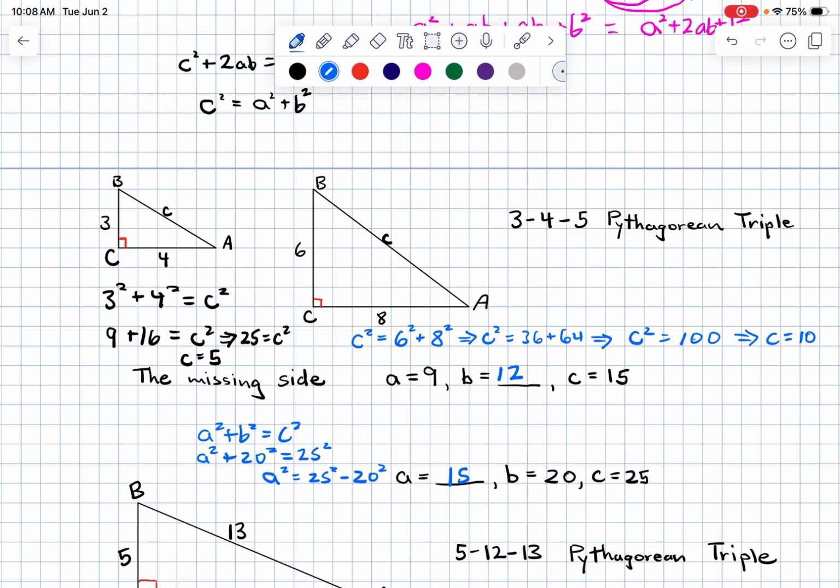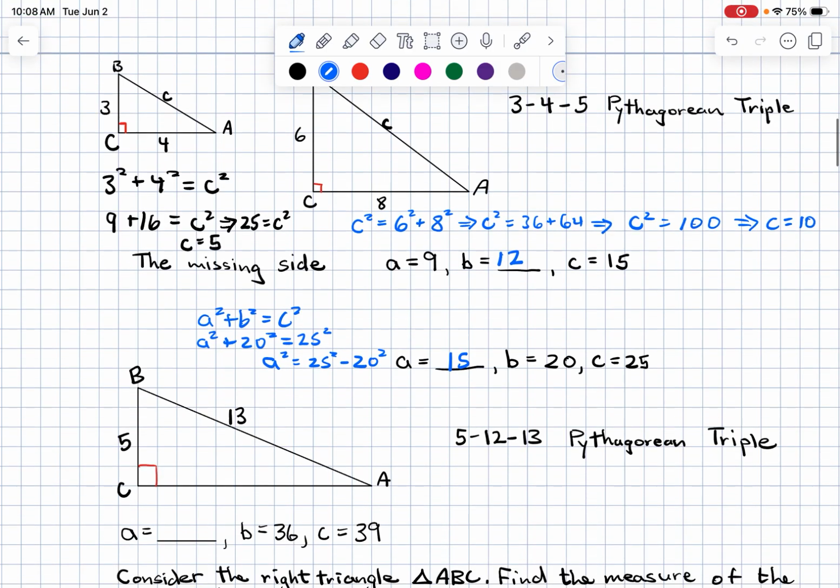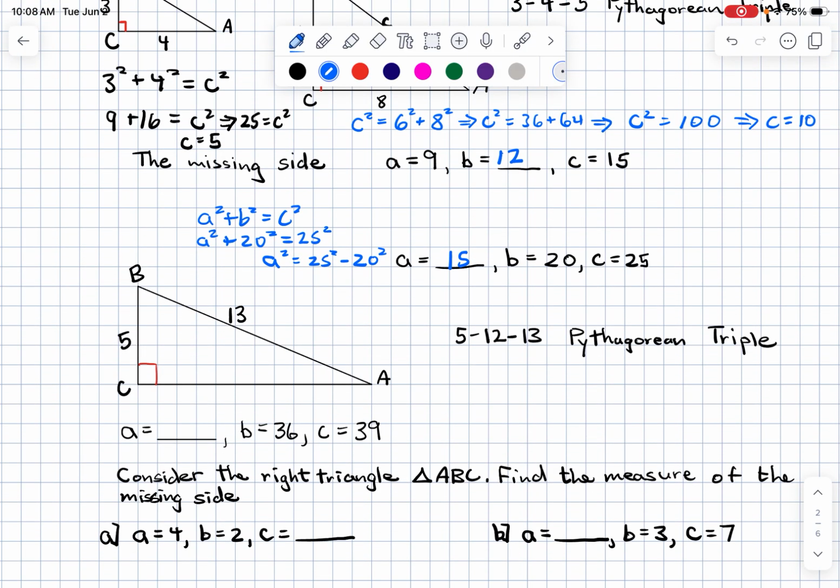Okay? So the main thing we just need to know when we're studying right triangles, and I'm trying to bring out the important aspects of a right triangle, is this Pythagorean theorem. Okay? Now, let's look at another Pythagorean triple that I put on here. I forgot that I put this one on here. But I've got 5, 12, 13.